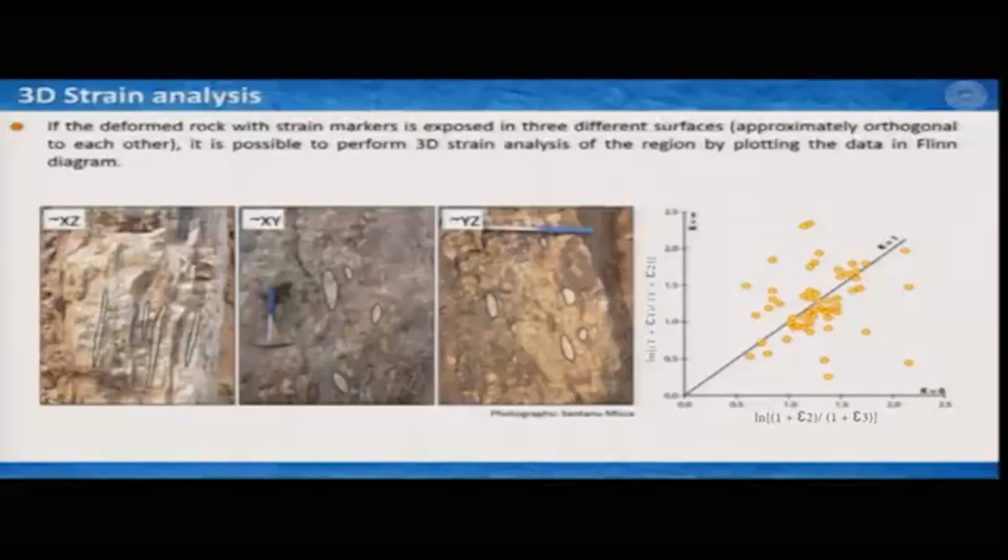Because we have a 3-dimensional scenario here, in the field with some techniques or typical observations, you can figure out what is your x direction, your y direction, and your z direction of the principal axes of the strain ellipsoid.